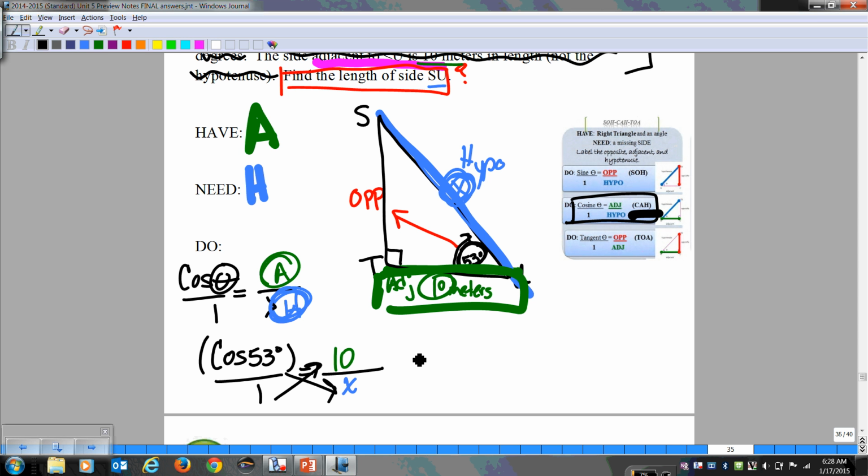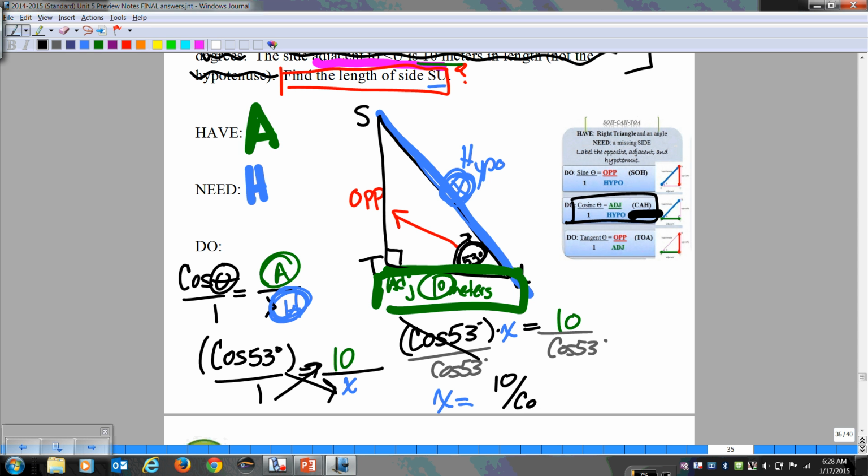Now we cross multiply. Our goal is to get x by itself. And we're going to be taking 10 and dividing by cosine of 53.